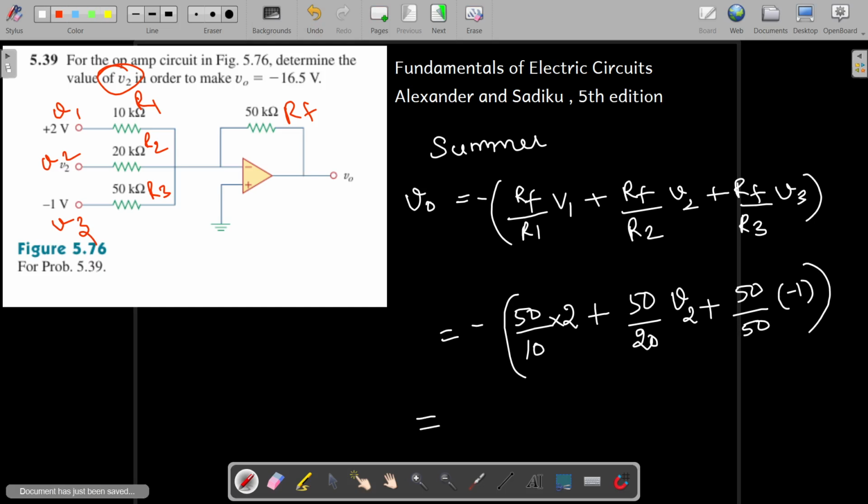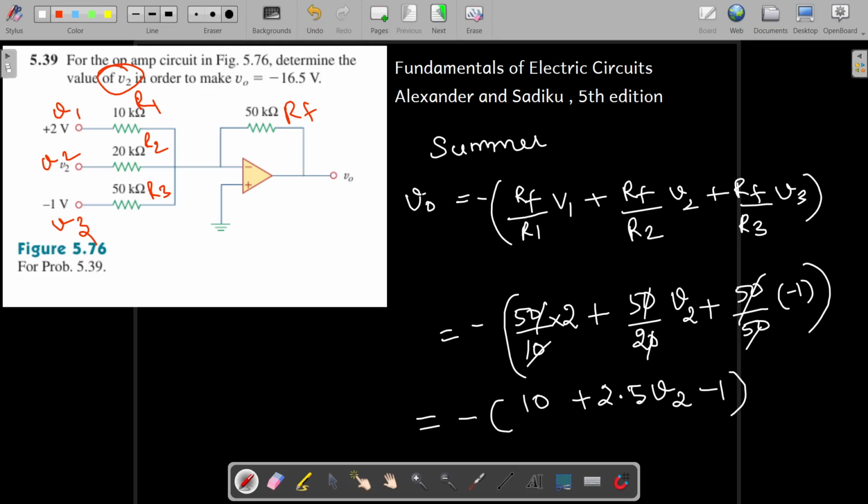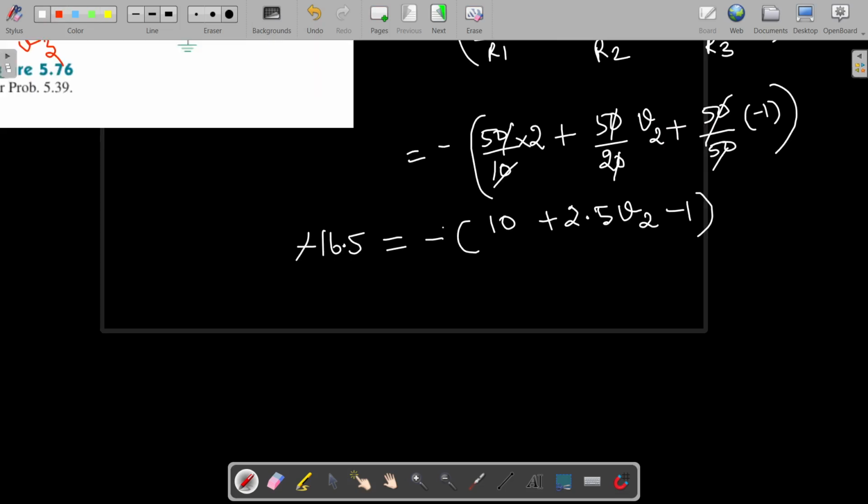So this is equal to minus of 10. Here it is plus 2.5 V2. Then here it is minus 1. And this V naught value is given here as minus 16.5 volts, isn't it? So we can write this as minus 16.5. So this minus minus get cancelled.